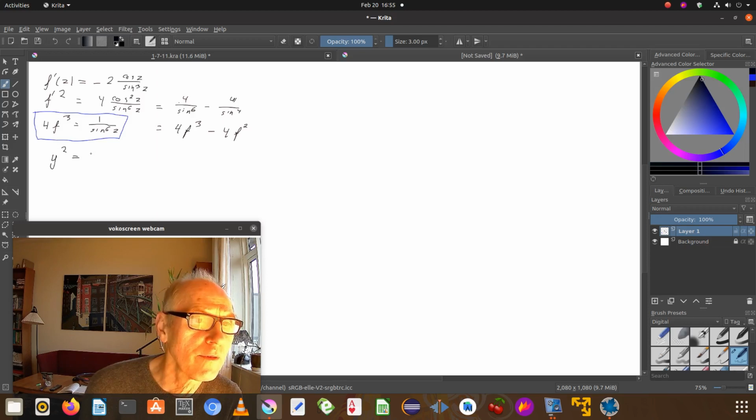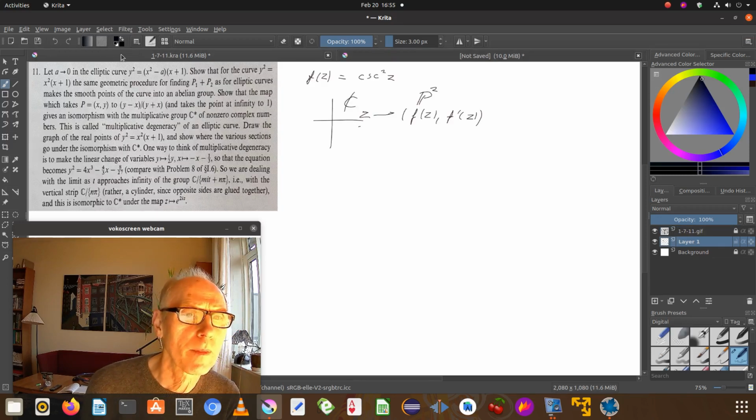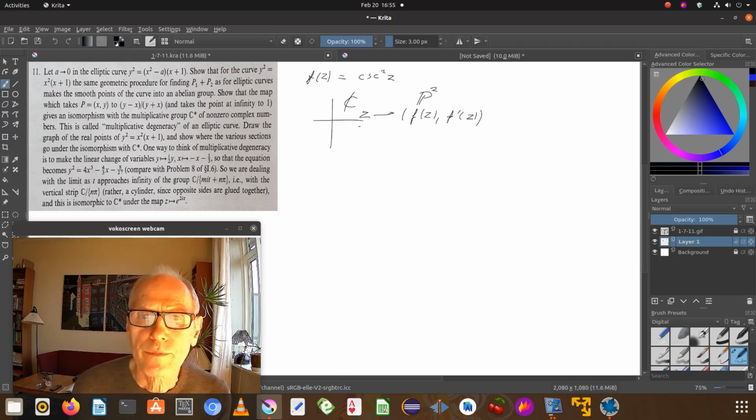So the curve will have this equation. So we have a curve in here. Oh, it should have been here. So that's the image. Was it -1?